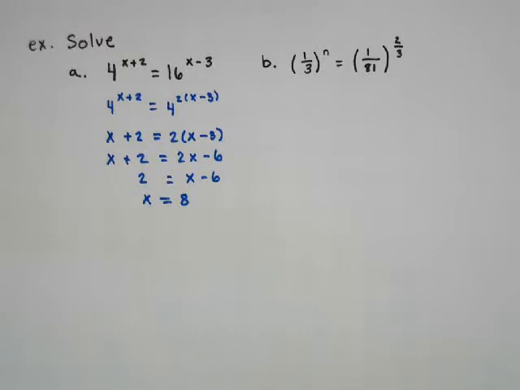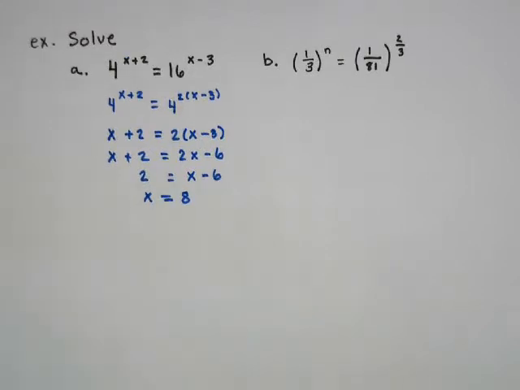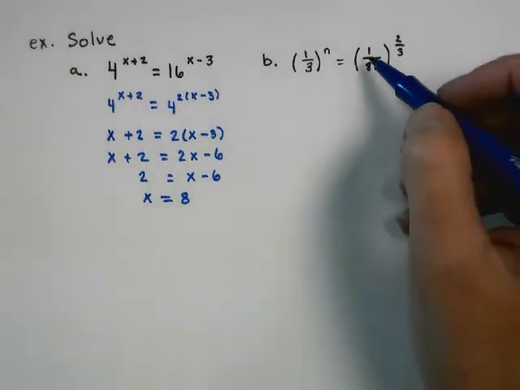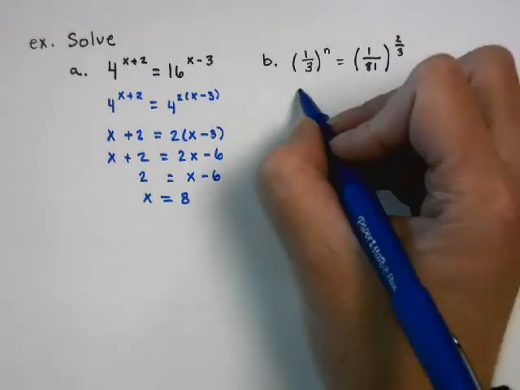Our next problem, 1/3 to the n is equal to 1 over 81 to the 2/3. So I can again rewrite this.